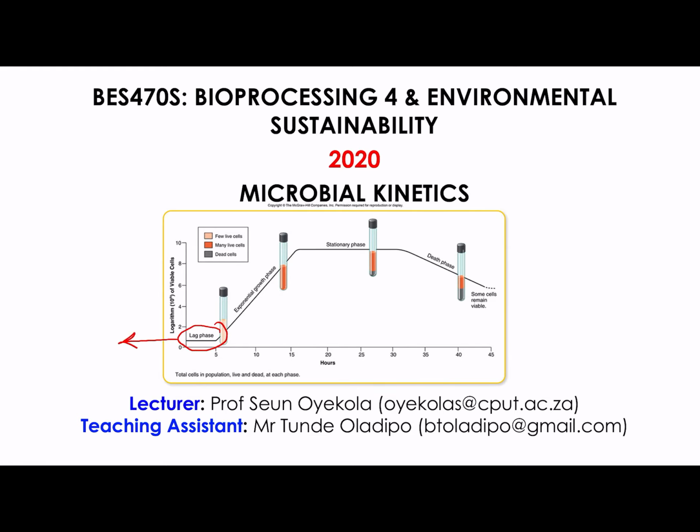The only thing that is happening in the lag phase is the cell increases in size. So there is an increase in size. But beyond that, from the exponential phase, from this point onward, we say generation starts from this point.